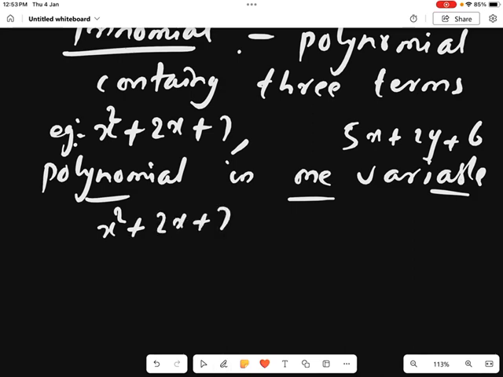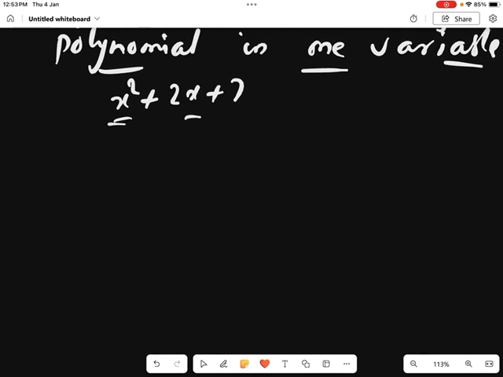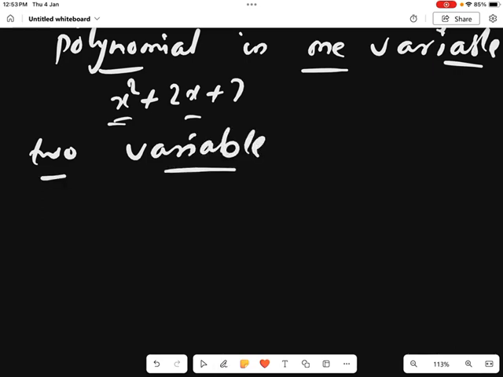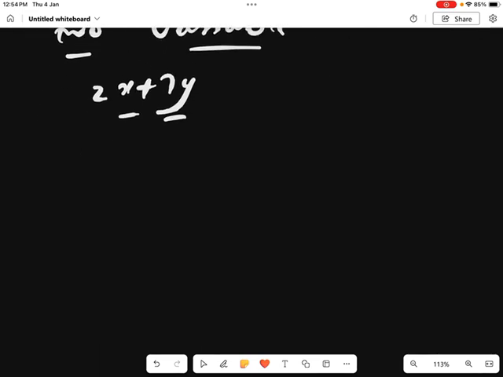This polynomial contains only one variable, that is x. And polynomial in two variables, example: 2x plus 7y. This polynomial contains two variables, that is x and y. And polynomial in three variables.